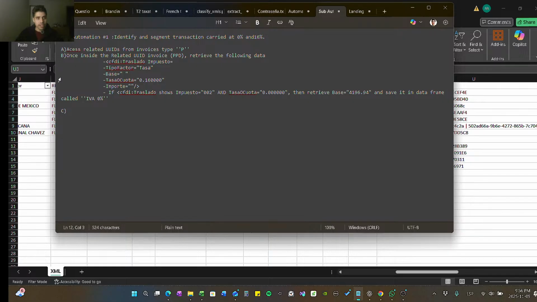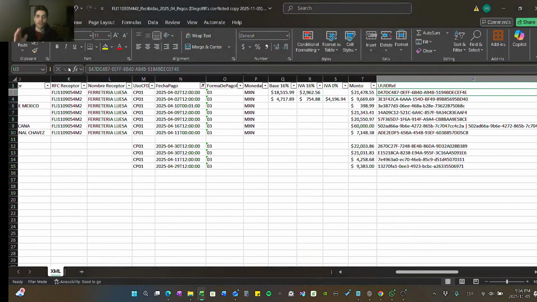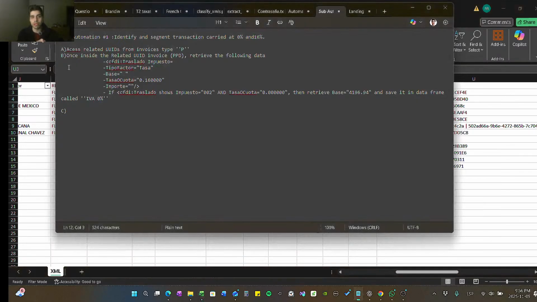And then once it finds that specific ID identifier, I need the automation to retrieve key information from that identifier that will help me then to separate those products that were taxed at 0% and those that were taxed at 16%. So these are the different pieces of information that I need once the automation finds that related ID identifier.